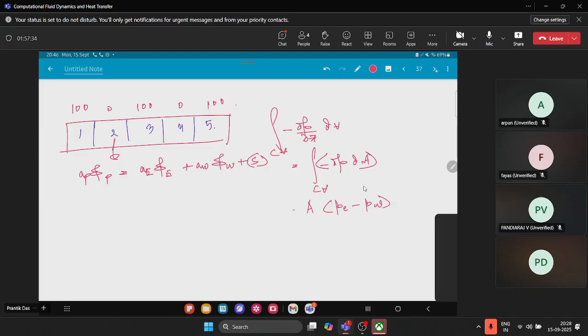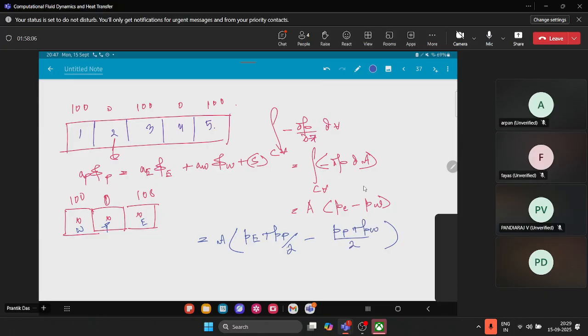Is it clear to you? So now we are dealing with this control volume. The value of P here is 0, at the east surface it is 100, and at the west surface it is 100. If I reduce it further, this is E, this is P, this is W. So (PE plus PP)/2 minus (PP plus PW)/2.